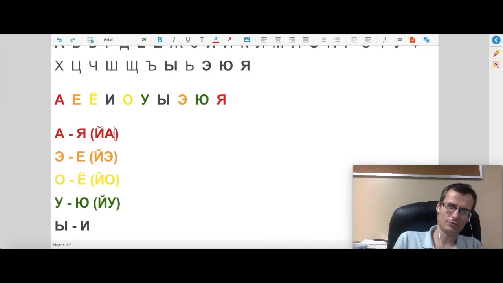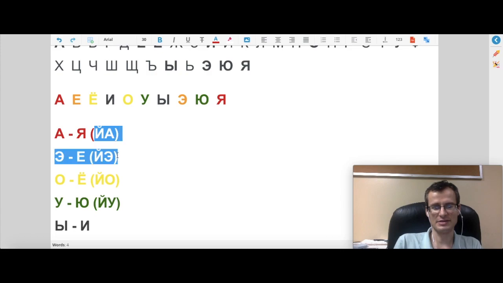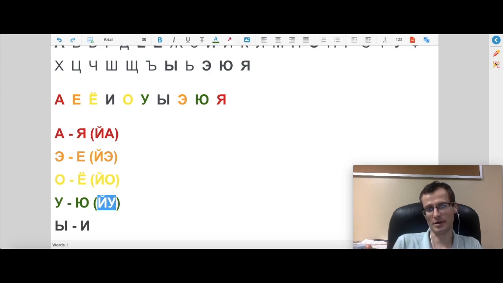Now, let me tell you that you will most likely never see the diphthong spelled out as two letters in Russian. That makes perfect sense, because why would you spell ya as two letters if you can just spell it as one letter? So you will pretty much never see these combinations in the actual official spelling.